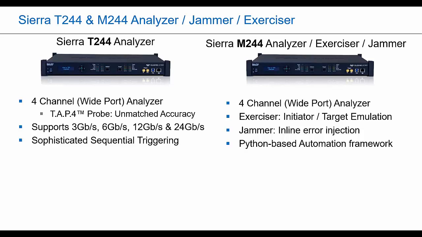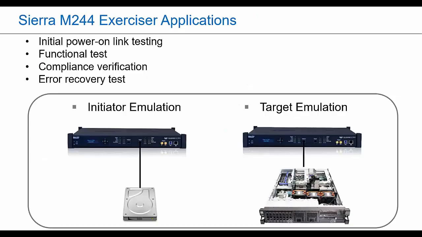And then last summer, we added the Exerciser. The exerciser plays a pretty important role in these early stages because it can emulate real host and device-side behaviors, so it can be very helpful when testing the initial power-on handshaking for 24 gig SAS. You have very precise control of the logical link layer here, so you can test basic functionality and error recovery, well before third-party devices are even available.